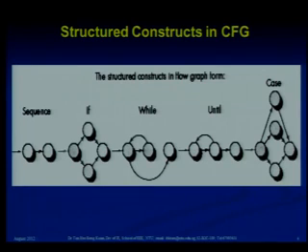Now we come to construction of the control flow graph. Firstly, you will have to identify basic blocks. These are some general basic structures for a control flow graph. Sequence: strict line, one after another. Then we have the if structure, the selection structure.